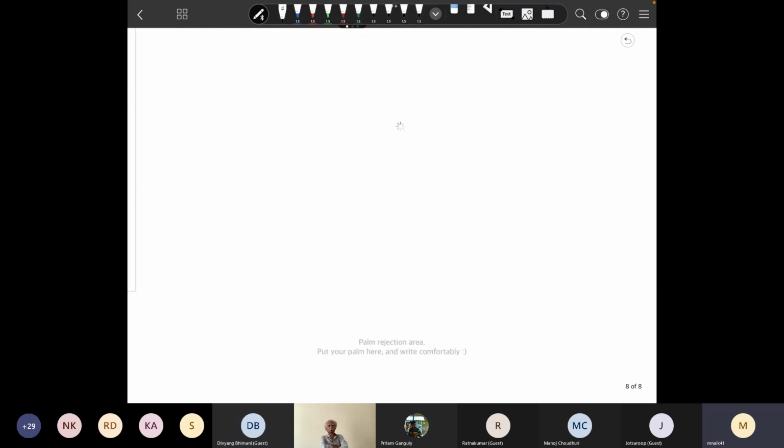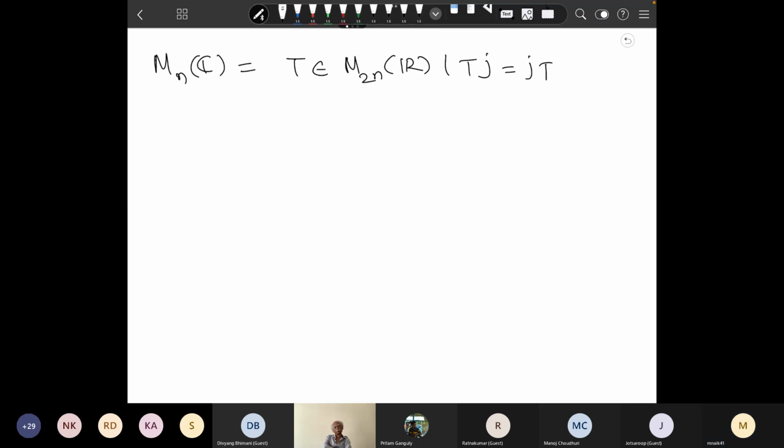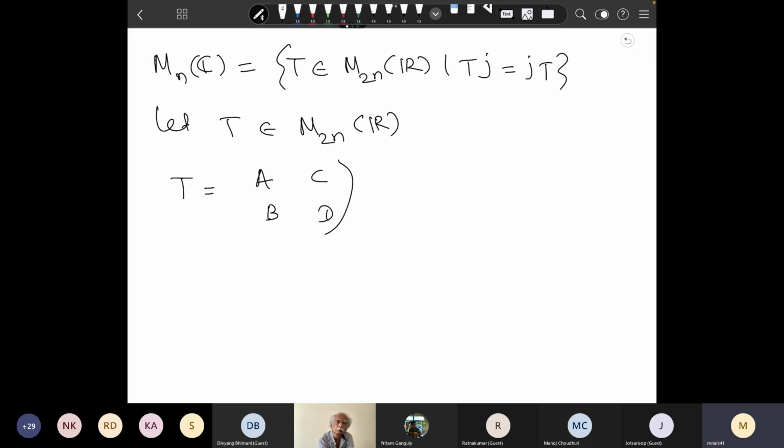Now I have again written that T belongs to M_n(C) means T belongs to M_2n(R) so that TJ is equal to JT. So suppose let T belong to M_2n(R). That means T is of the form [A, B; C, D], where A, B, C, D belong to M_n(R).